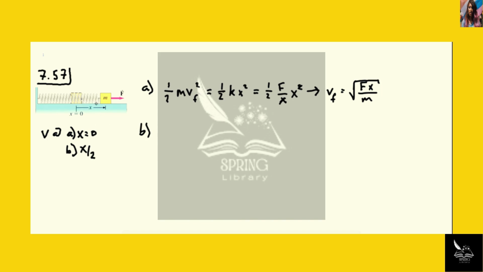Now we want the work going from x over 2 to x, or vice versa, depending on whether you're talking about stretching the spring or the spring pulling on the mass. In both cases, they're the same.